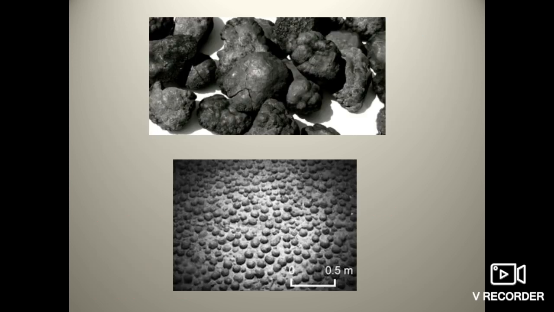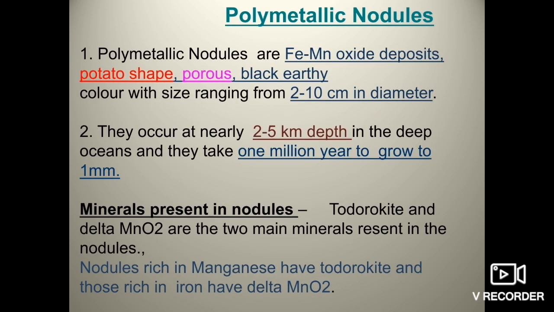So let's start our discussion with polymetallic nodules, and these are two diagrams of polymetallic nodules. What are polymetallic nodules? These are basically iron, manganese, or sometimes copper oxide deposits. They are potato shaped and porous, black, earthy colored, with size ranging from 2 to 10 centimeter in diameter.